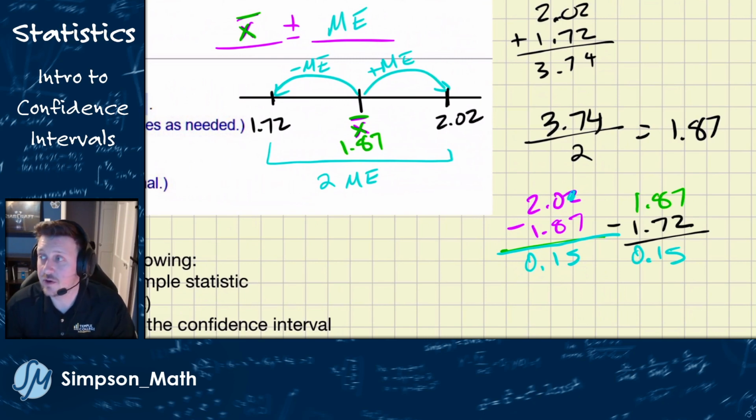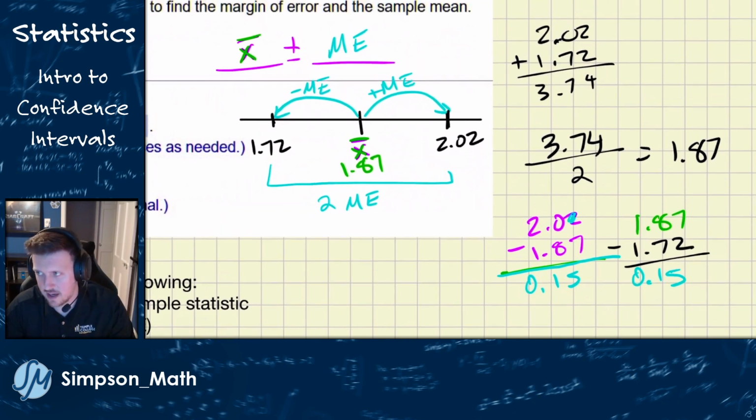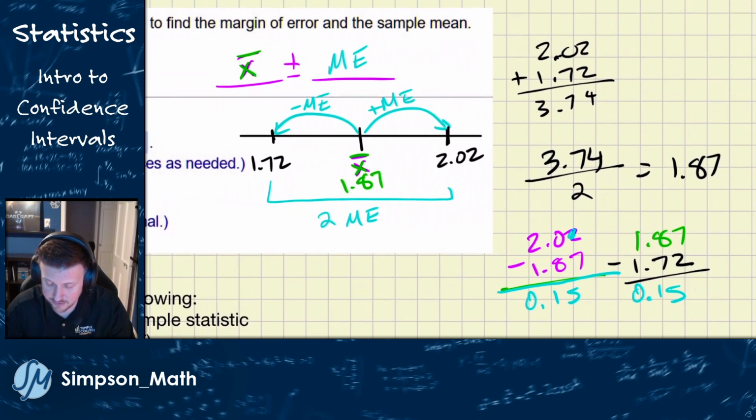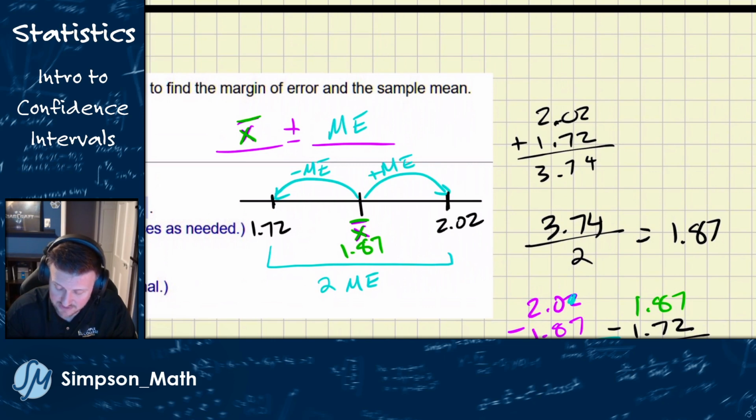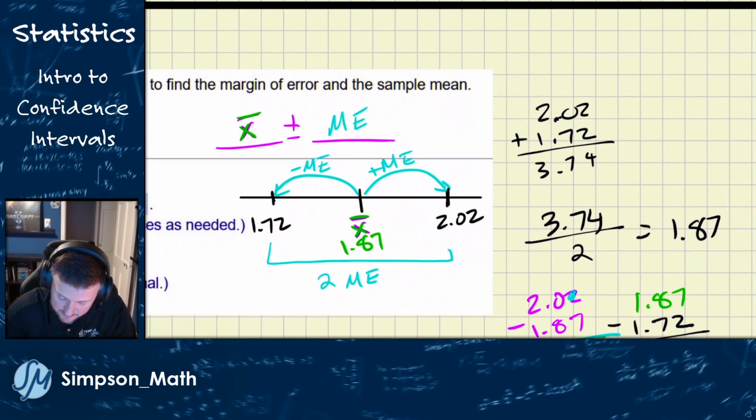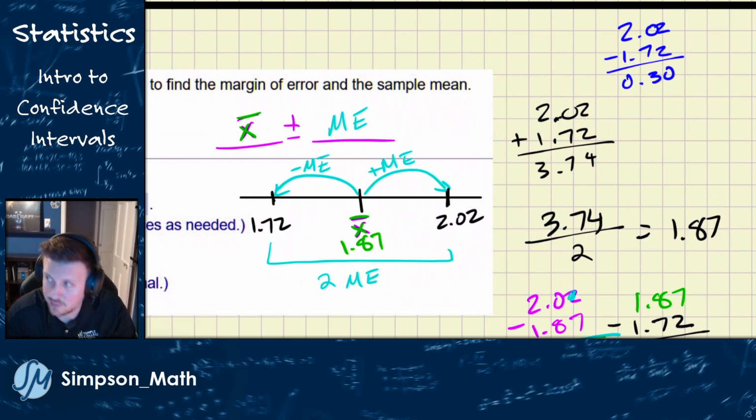That's how you can get the x bar first and then find the margin of error. Or how could we go about finding the margin of error first? Well, if I find my total distance between here and here, because remember, it's 2 margins of error wide, I do 2.02 minus 1.72 and I get 0.3.